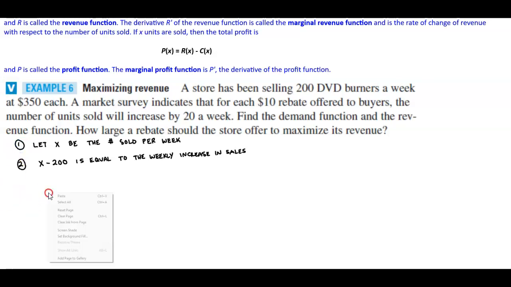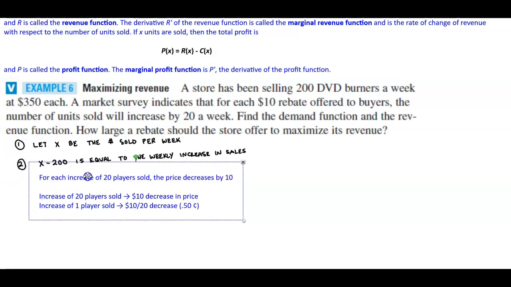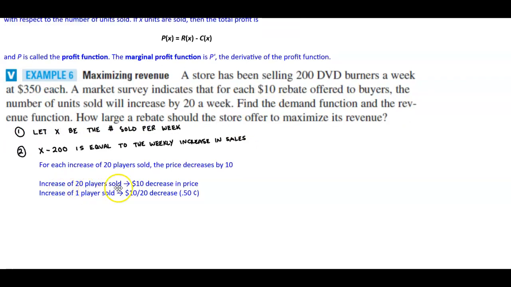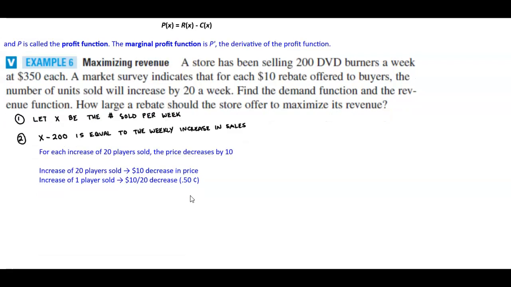Okay, so what we need to decide here now is that for each increase of 20 players sold, the price decreases by $10. So an increase of 20 players sold gives us a $10 decrease in price because of the rebate. An increase of 1 player sold is going to be $10 divided by 20, which is going to give 50 cents.